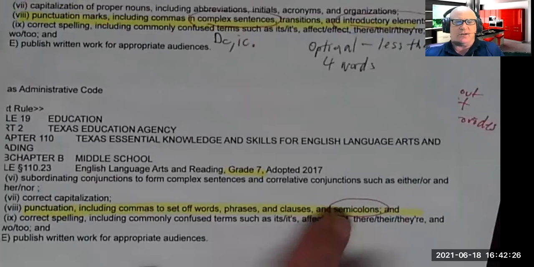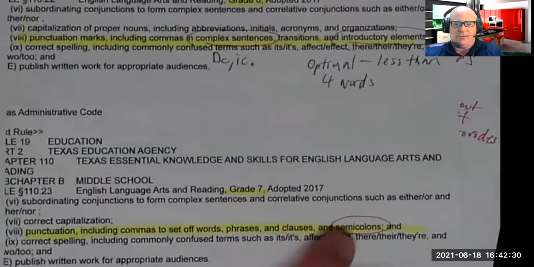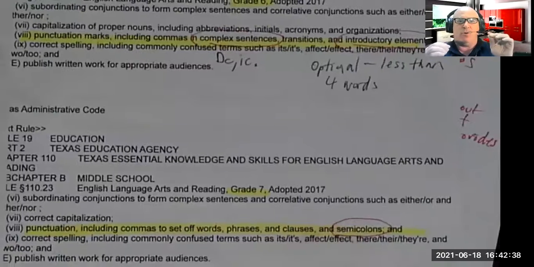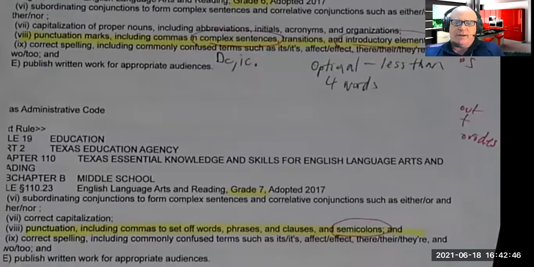Now, coordinating conjunctions, which are mentioned in 4th grade and up, have 2 independent clauses joined together by a comma and what many of you call fanboys, a coordinating conjunction: for, and, nor, but, or, yet, so.